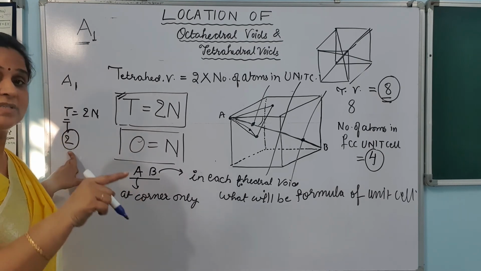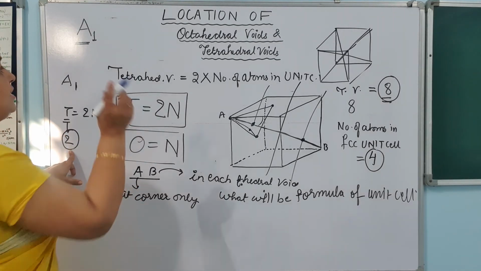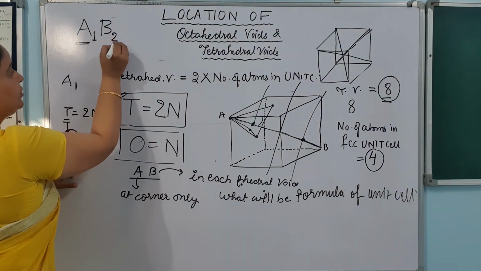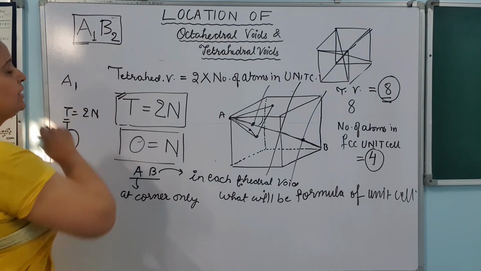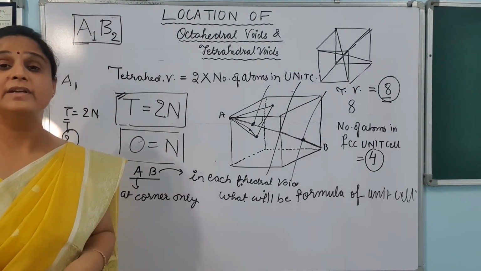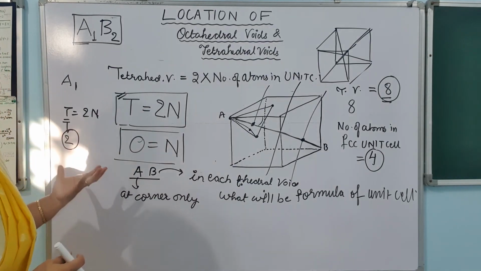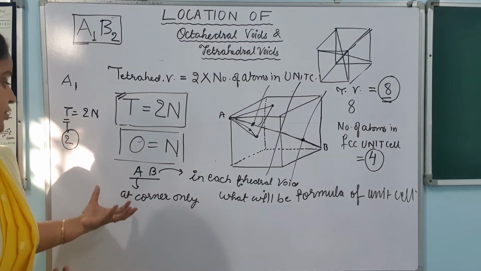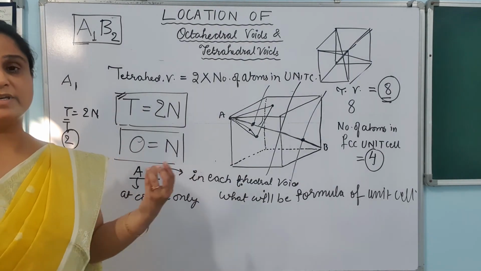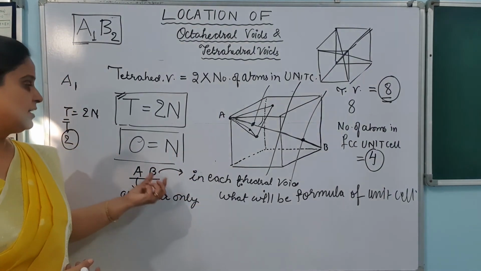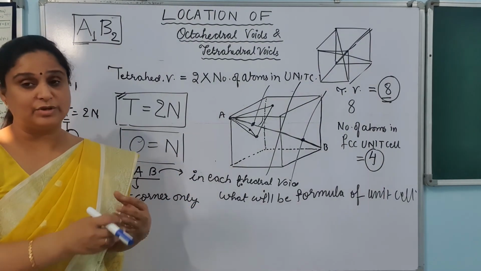Means there are 2 B atoms. So AB2 will be the formula of the compound. This way we can calculate the formula of the compounds made by the combination of various kinds of atoms. This B is going inside the tetrahedral voids, so it must be smaller.